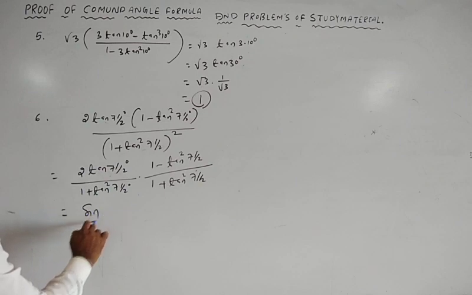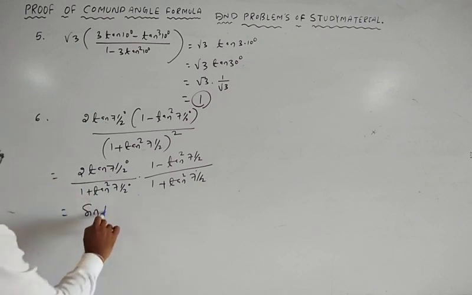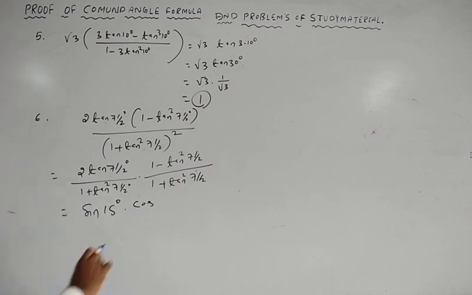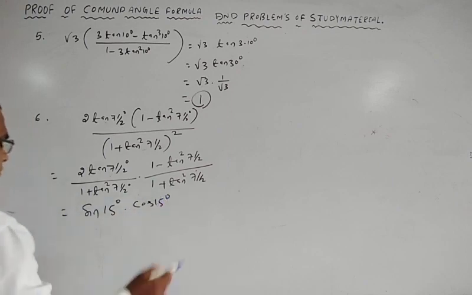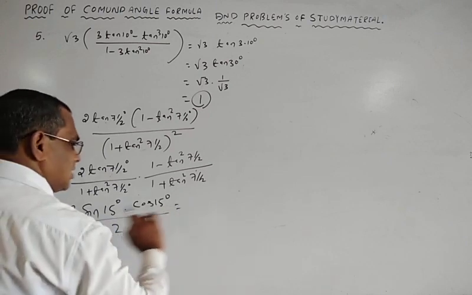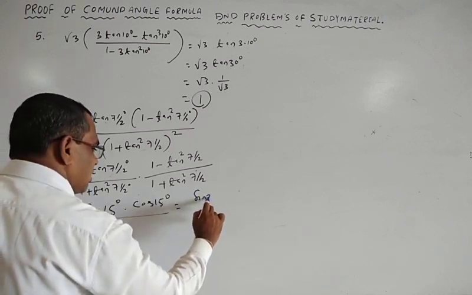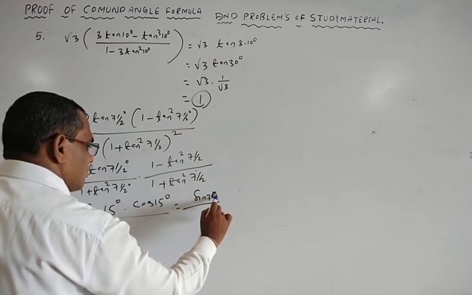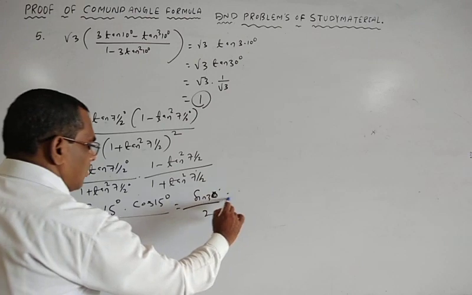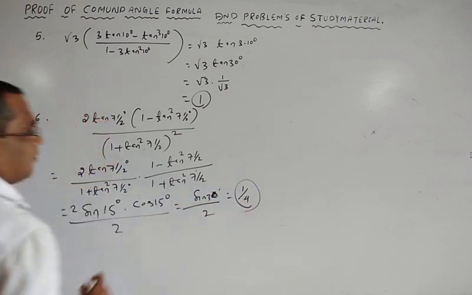So sin 2A, 2 into 7½, so 15 degree, and cos 15 degree. So sin 15 into cos 15, squared by 2 into 2, this is equal to sin 30 degree by 2. You know sin 30 equals 1 by 2, so 1 by 2 by 2, so this is 1 by 4.